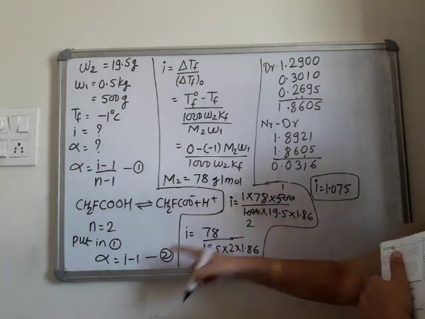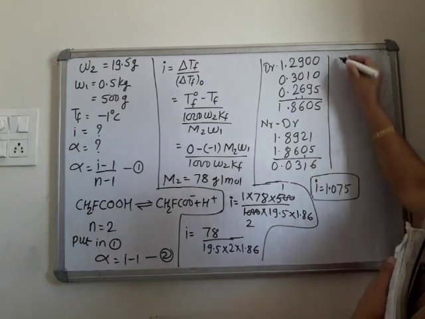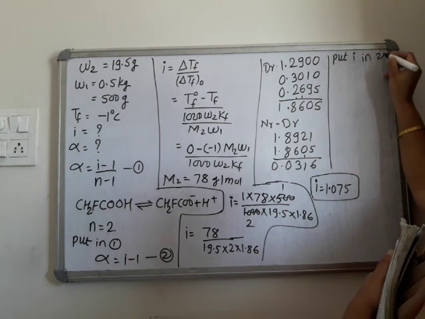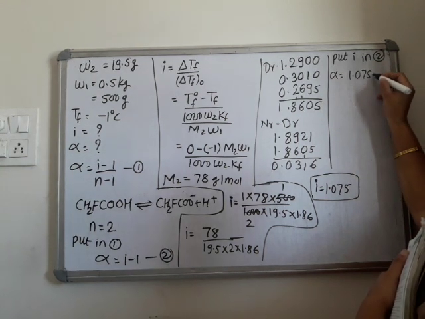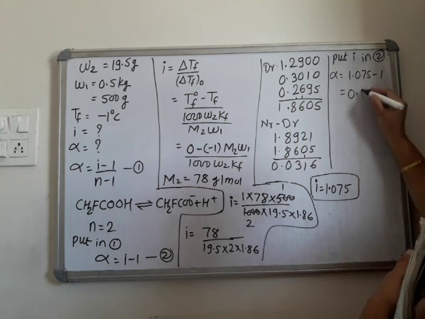Put this value of i in equation 2 so as to get the value of alpha. So alpha is equal to 1.075 minus 1, which is 0.075.